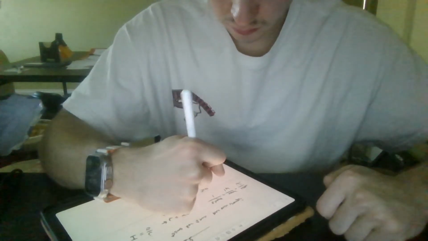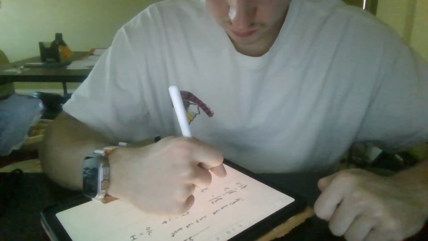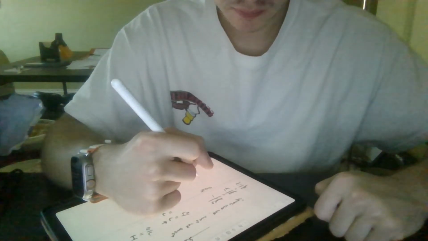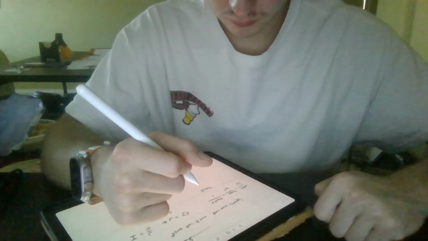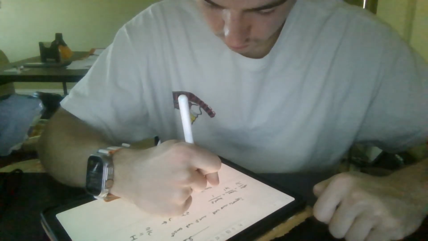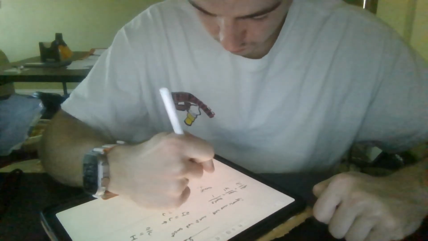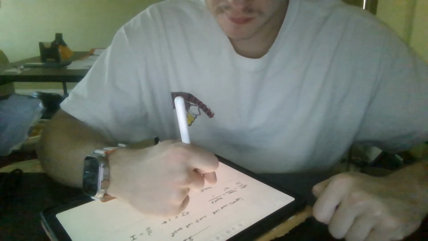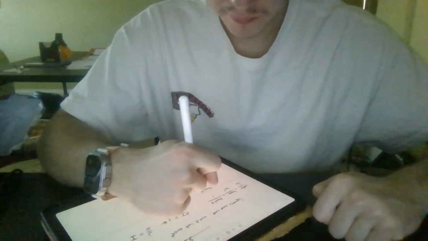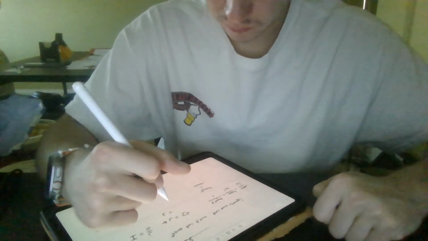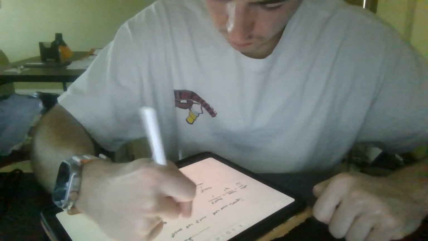So when we multiply these, we end up with 3,600 seconds equals 1 hour. That means there are 3,600 seconds in an hour. We have 2 hours, so 3,600 seconds times 2 is 7,200 seconds. So we are generating a current for 7,200 seconds.